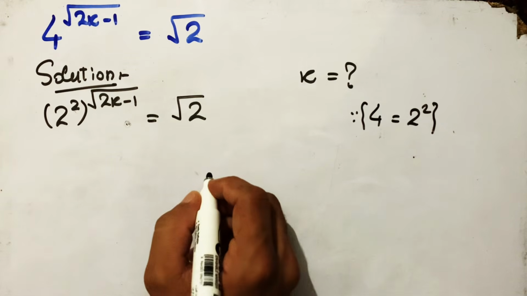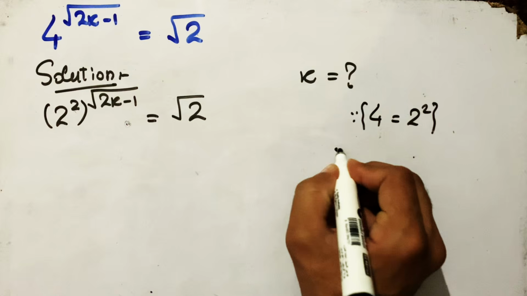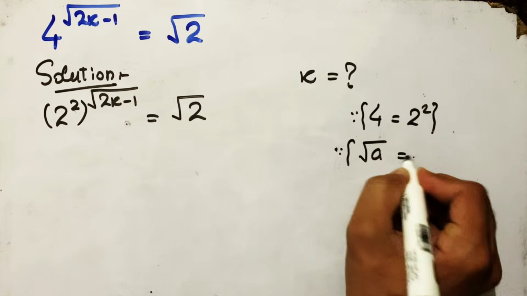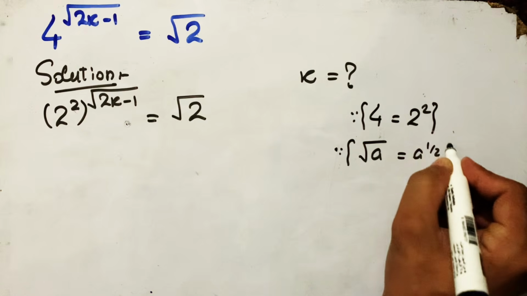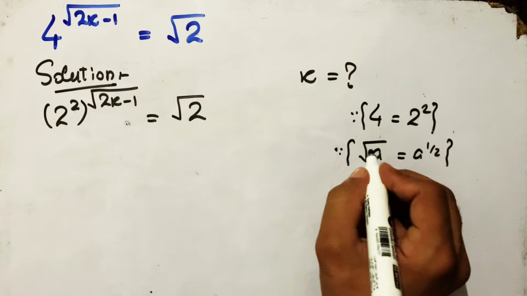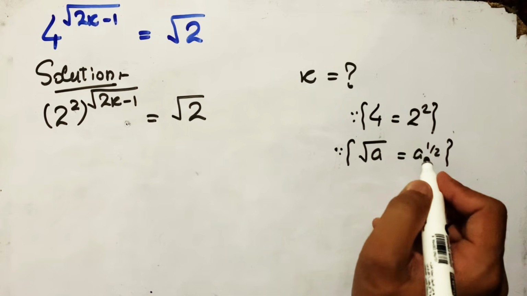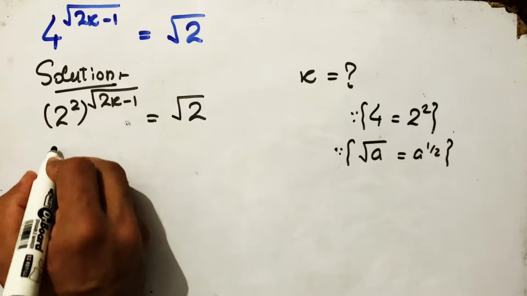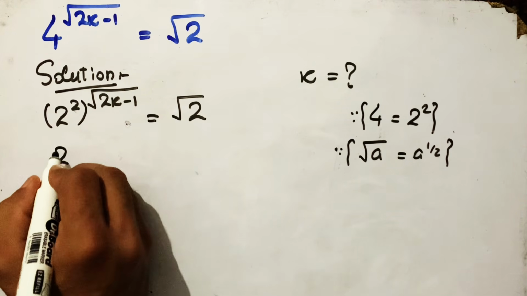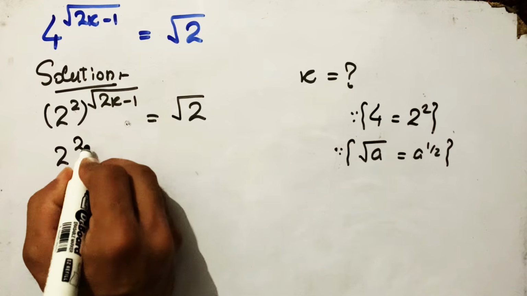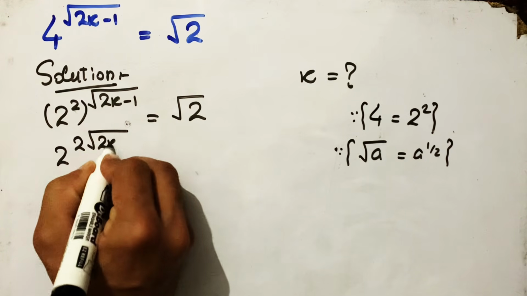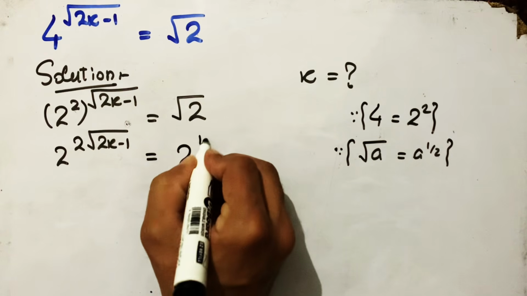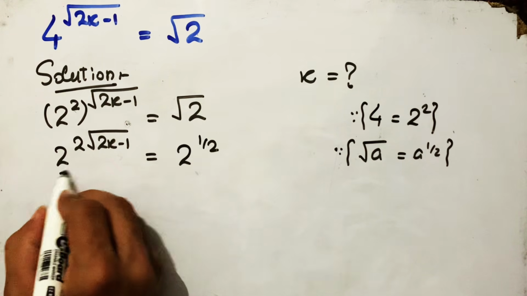As we know, generally for a, square root of a is equal to a to the power 1 by 2. So applying it, the square root of 2 becomes 2 to the power of 1 by 2.